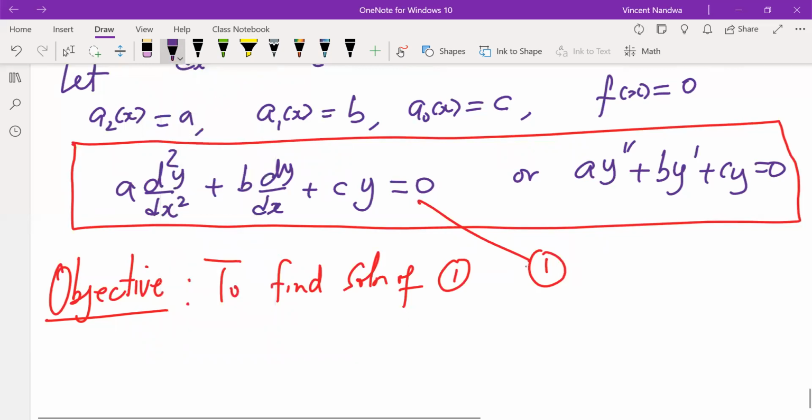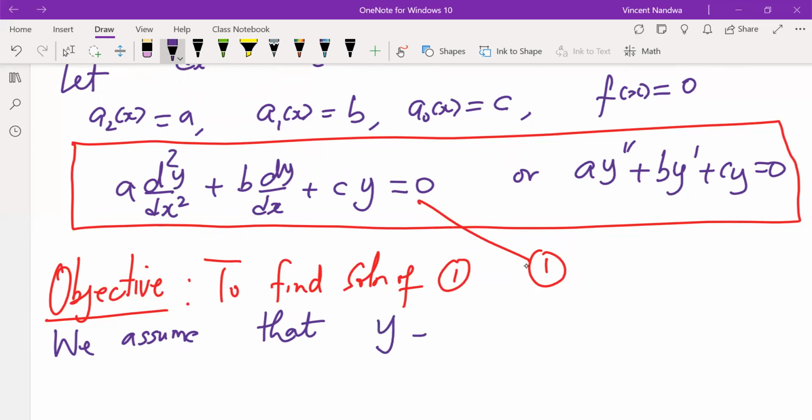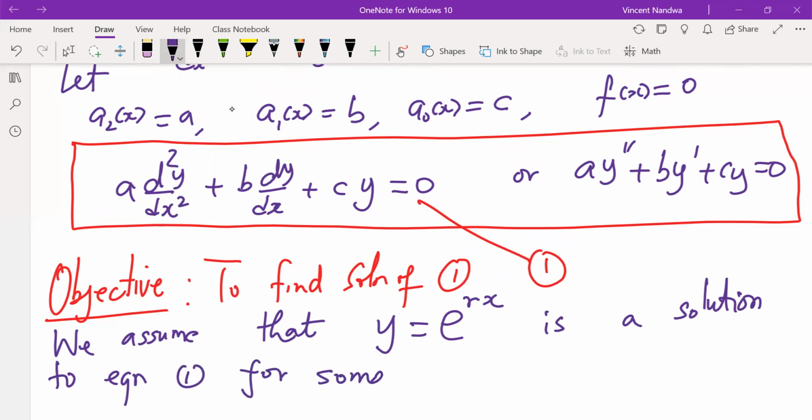Now we'll make an assumption that the solution for this equation takes the form y equals e raised power rx, not rt, because we're using x as a variable, for some value or values of r.